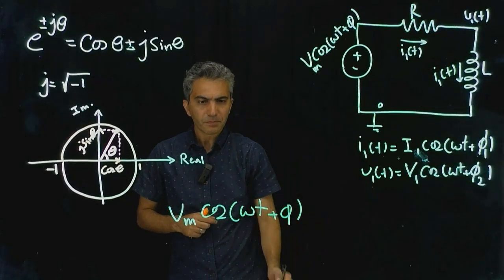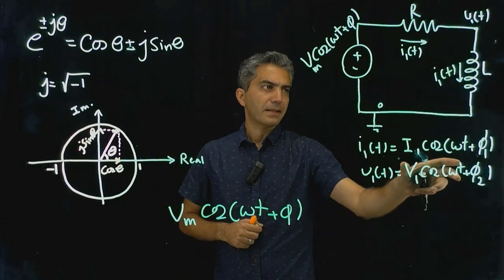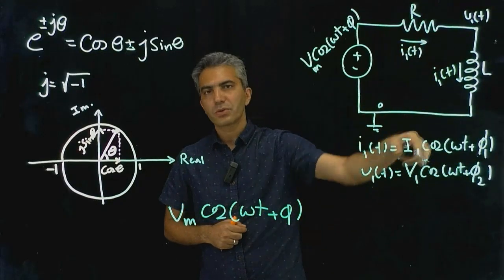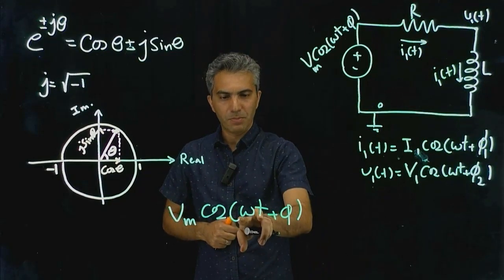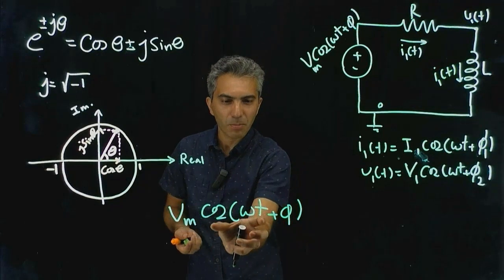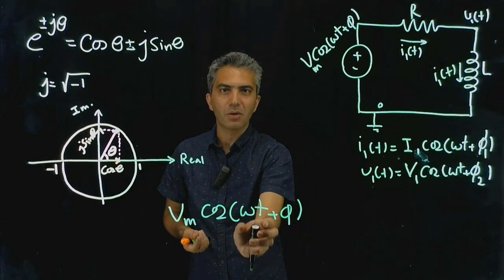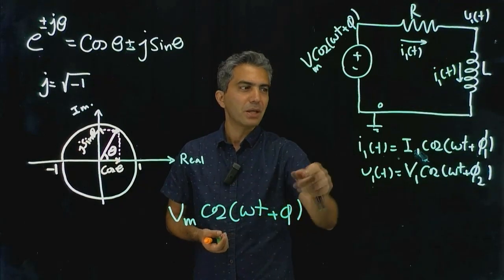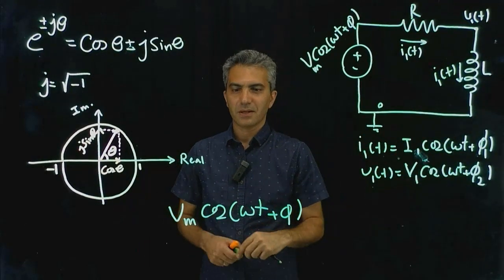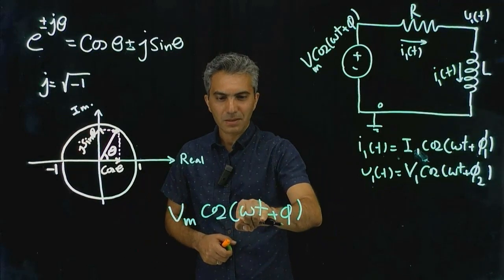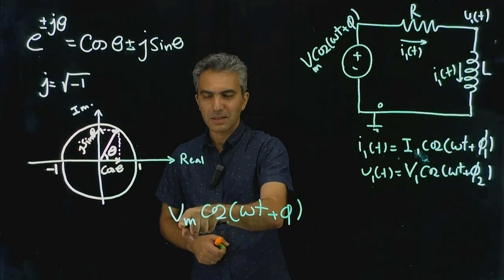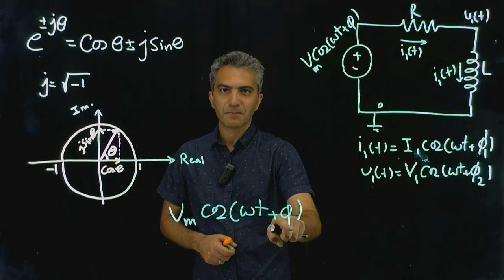I'm anticipating that when I'm looking for a solution for my circuit, I don't need to calculate the frequency. In other words, the omega t component is going to be repeated for all of the unknowns in the circuit, all the currents and voltages and signals. Therefore, I don't need to spend any time trying to figure that out. All I need is the magnitude and the phase.